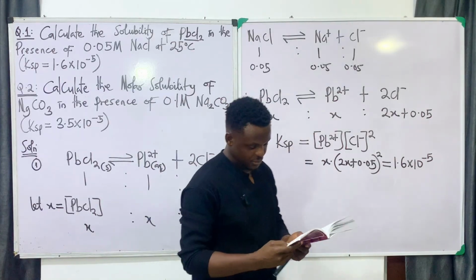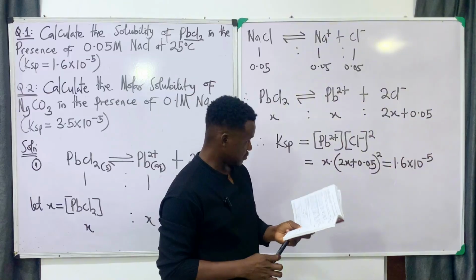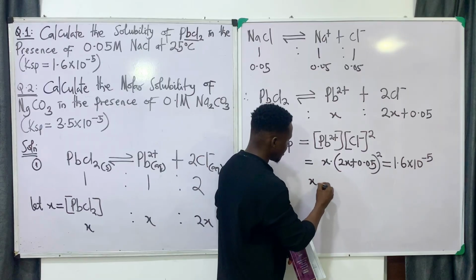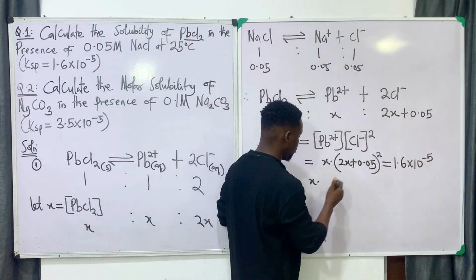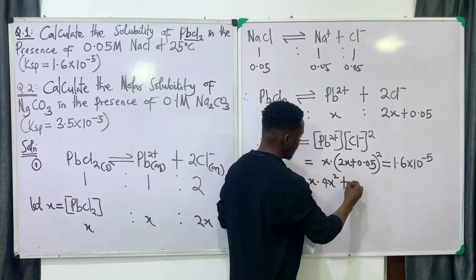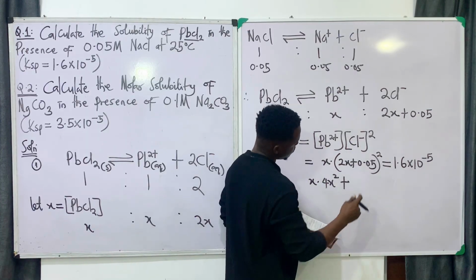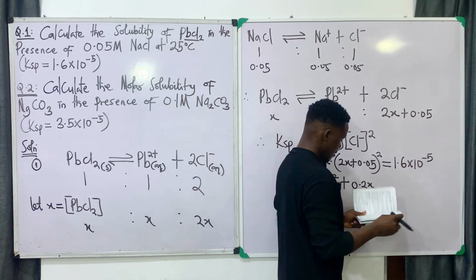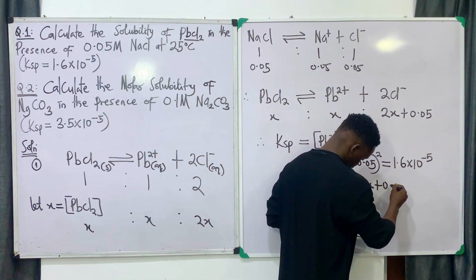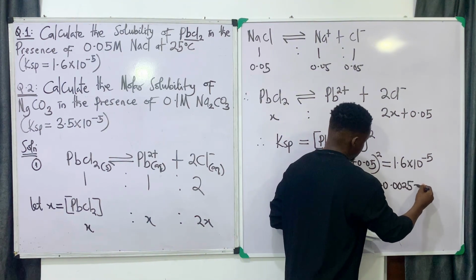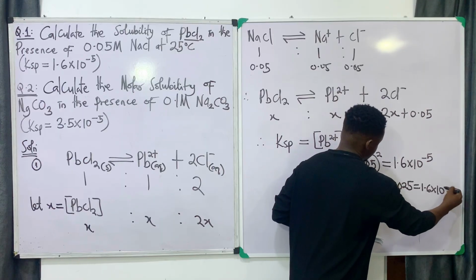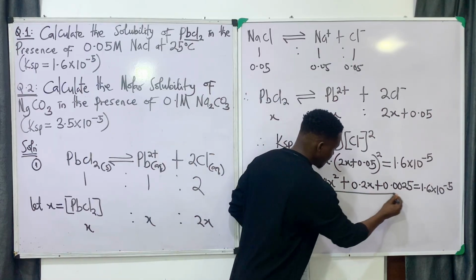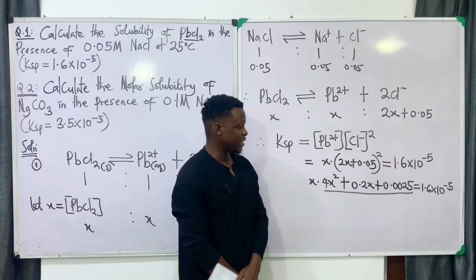Okay. So we're going to expand these brackets. Now this is x into 2x raised to the power of 2 is 4x squared, plus, when you expand these brackets, this becomes 0.2x, plus this is what you're going to get if you expand the brackets.